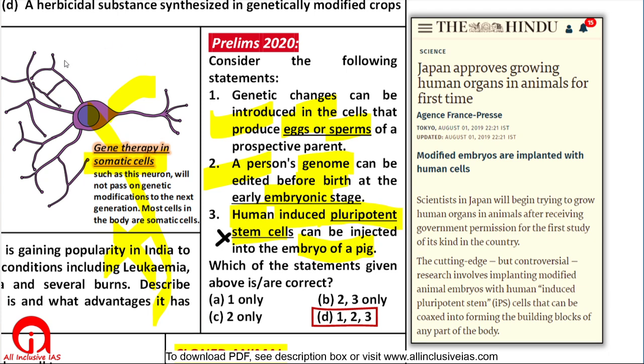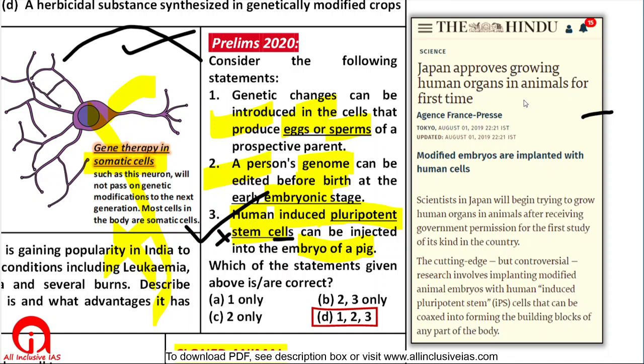You can transfer genes from one species to another. Genes you can transfer, but cell, you can transfer the whole cell from one species to another. It may sound strange, but it is actually correct. Like this article in The Hindu said that what Japan is doing, they are growing human organs in animals. In future, we will not need kidney transplantation from another human.